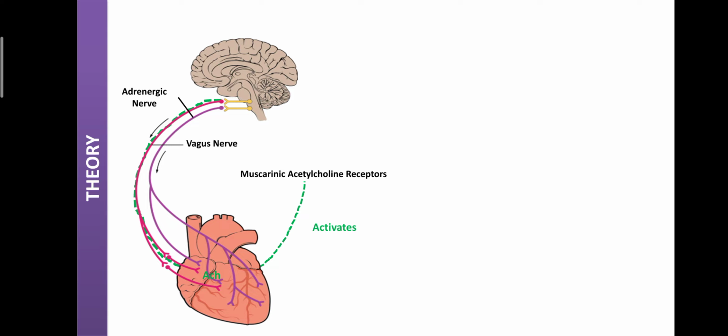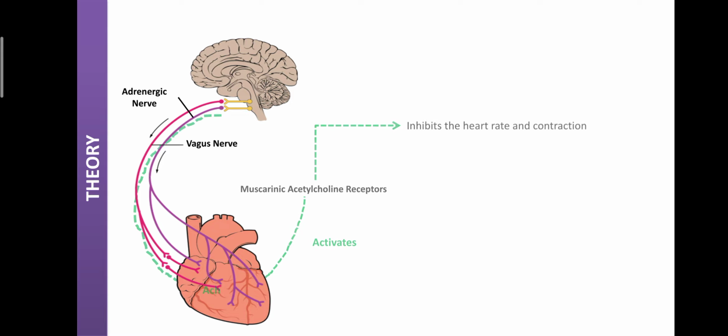So due to binding on the M2 receptor by acetylcholine, it inhibits the heart rate and contraction. It means it decreases the heart rate, force of contraction, tone and cardiac rhythm.